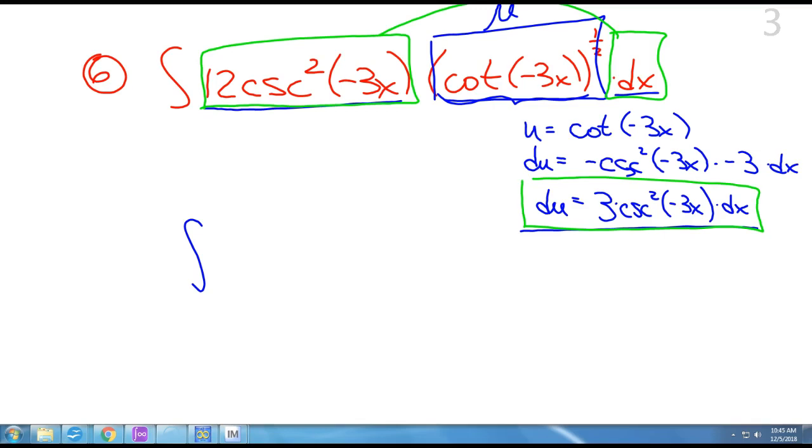So what would I have to multiply by here? By 4. But then I multiply this side by that also. So what I have now is 4 times du equals 12 cosecant squared negative 3x times dx. It's very colorful.